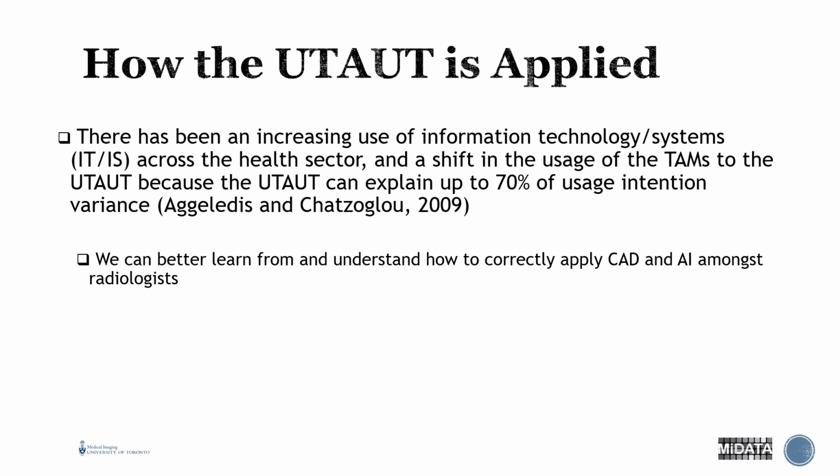In statistics, the R-square, for instance, of linear regression, represents the percent variance that is explained by your model. So the UTOUT model can explain up to about 70% of the usage intention variance. And by using these models, we can better understand how to correctly apply CAD and AI in the radiology space.